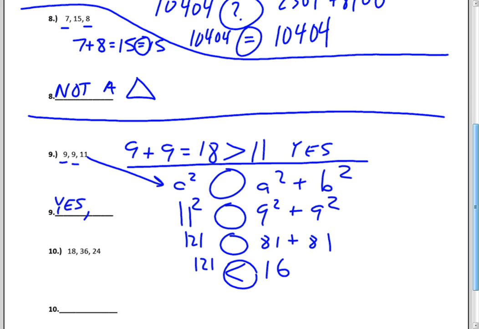Less than 162. Some of you did all the correct work and then you had the wrong inequality symbol. 121, it always points to the smaller. Make sure you're pointing towards the smaller number. If we have a less than there, what does that mean? What kind of triangle?